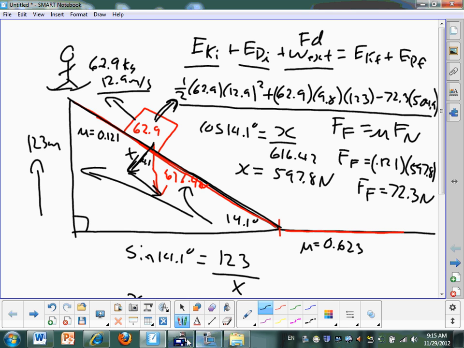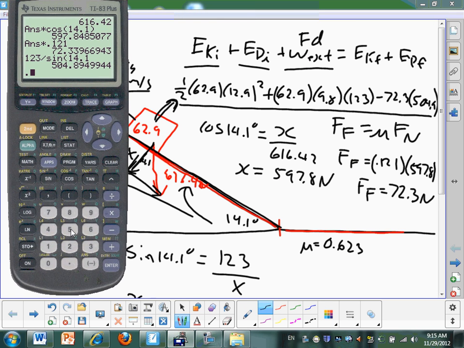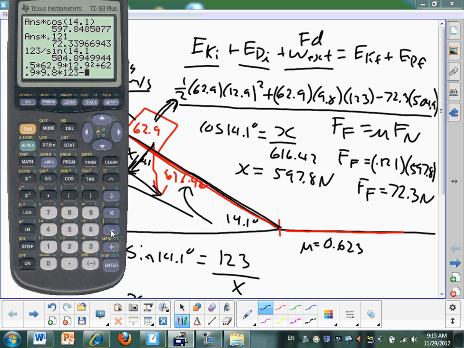So let's put that in our calculator. I have 1/2 times 62.9 times 12.9 squared, plus the potential energy it had, 62.9 times 9.8 times 123 meters up, minus the work done against it.